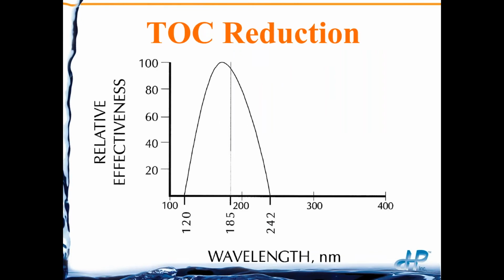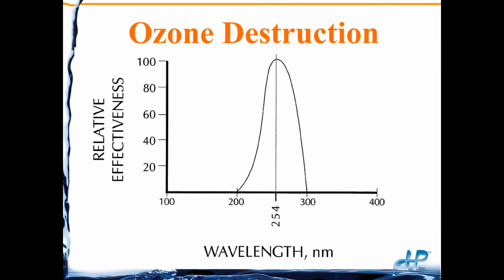So scientists are always looking at, how are we going to make some money off of this electromagnetic spectrum? Well, everybody knows that X-rays are stopped by bone, but aren't stopped by soft tissues. So we go in and we get an X-ray and we get to see the bones inside of our body. Well, when they looked at UV radiation, they found, hey, we can destroy organic molecules, TOC, total organic carbon, if we can find something that has a wavelength of maybe 170 or so, we would get maximum effectiveness of destroying organic molecules.